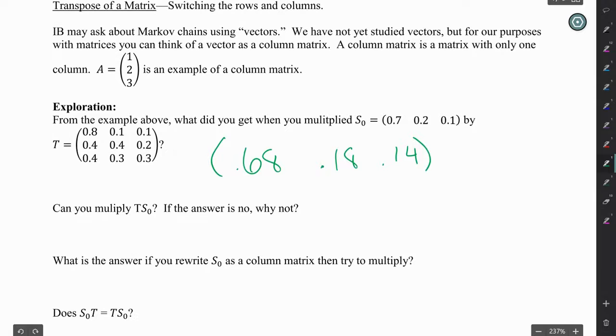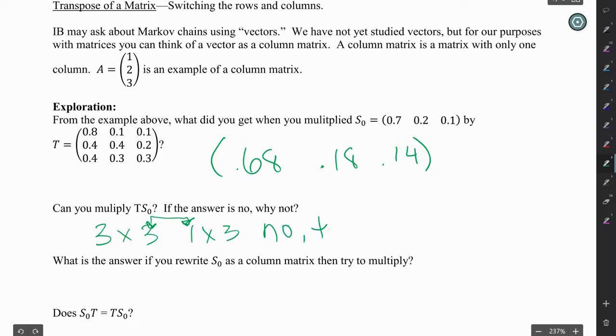So can we multiply T by S? T is a 3 by 3, S is a 1 by 3. If we remember, the number of columns of the first one has to match the number of rows of the second one. This doesn't happen, so no, we cannot multiply these. We can't just switch the order and multiply.